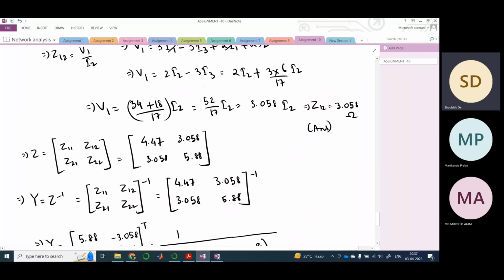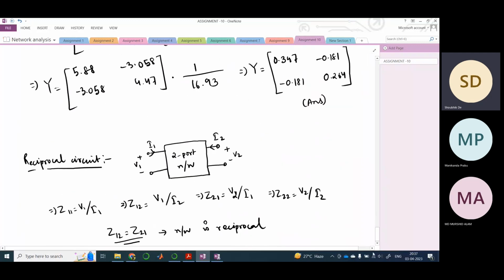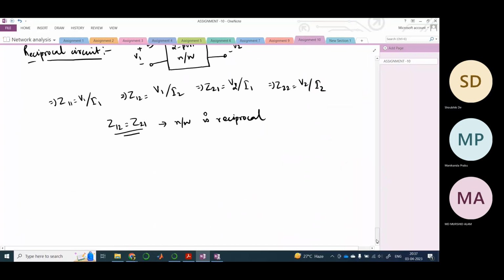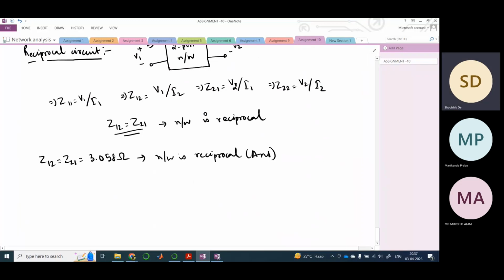It is 3.058, and Z21 is also 3.058. So therefore, Z12 equals Z21, and the network is reciprocal. Okay. So this is the answer.